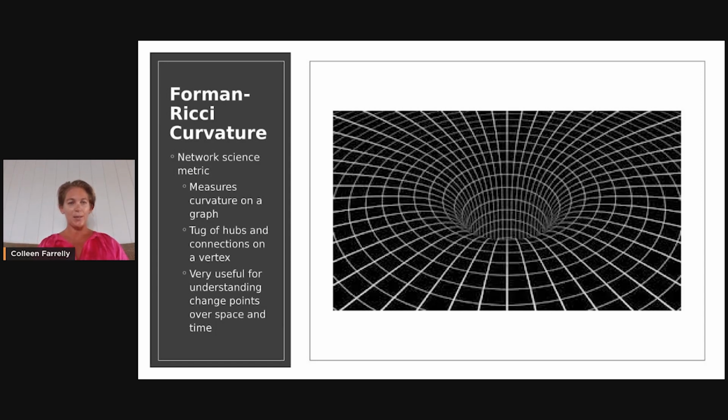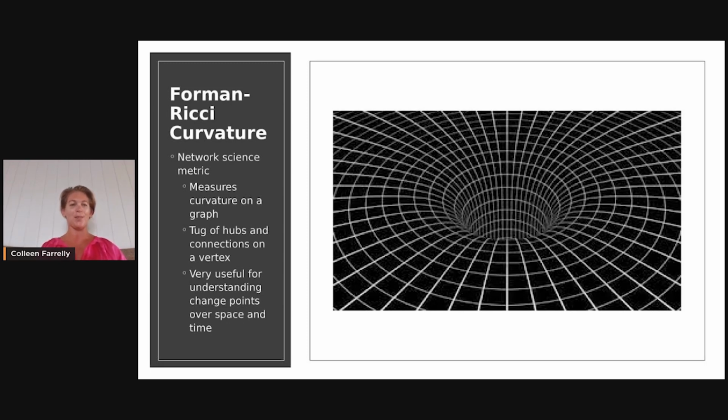The next tool is Forman-Ricci curvature, which is a network science metric. We just had a great two presentations on network science and how useful it is. This tool measures the curvature on the graph. So in physics, when we have a lot of matter in the same spot, it pulls everything towards it. So black holes are going to pull planets towards it, pull your spaceship towards it.